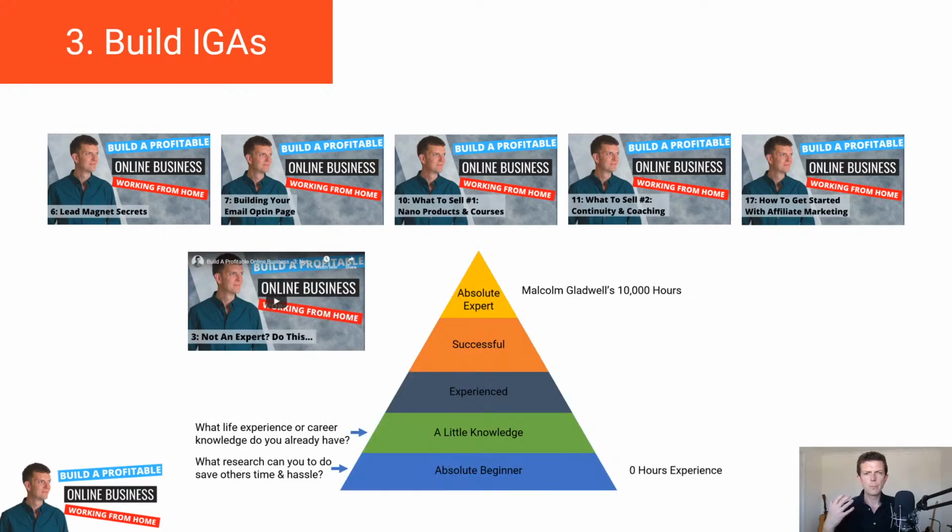This is where people get stuck, because they think, I can't create products, I don't know what to do, I'm not quite there yet, I think I'll start with affiliate marketing. Well, we covered this as well. The danger of going down pure affiliate marketing is that it's a deceptive path. So there's a session number 3 where, if you don't feel like an expert, which is everyone, no one feels like an expert, this is how you think about it.